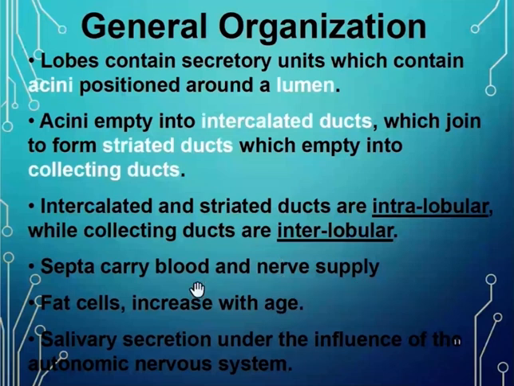We have inside the septa also fat cells, basal cells, and plasma cells. This is the connective tissue that carries the blood and nerve supply to the inside of the parenchyma. We also have fat cells that increase with age. By age, we have a decreased number of secretory cells and an increased number of fat cells.